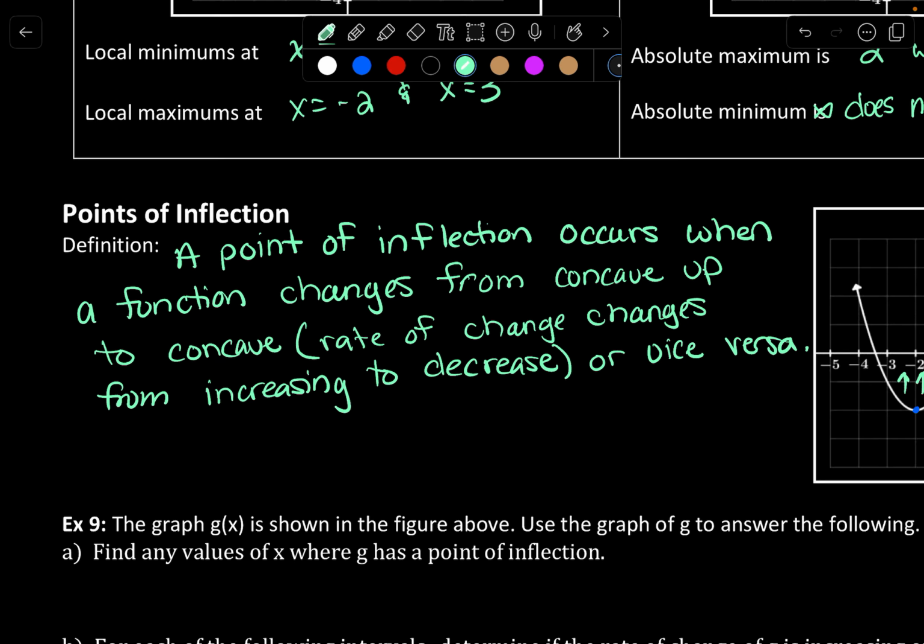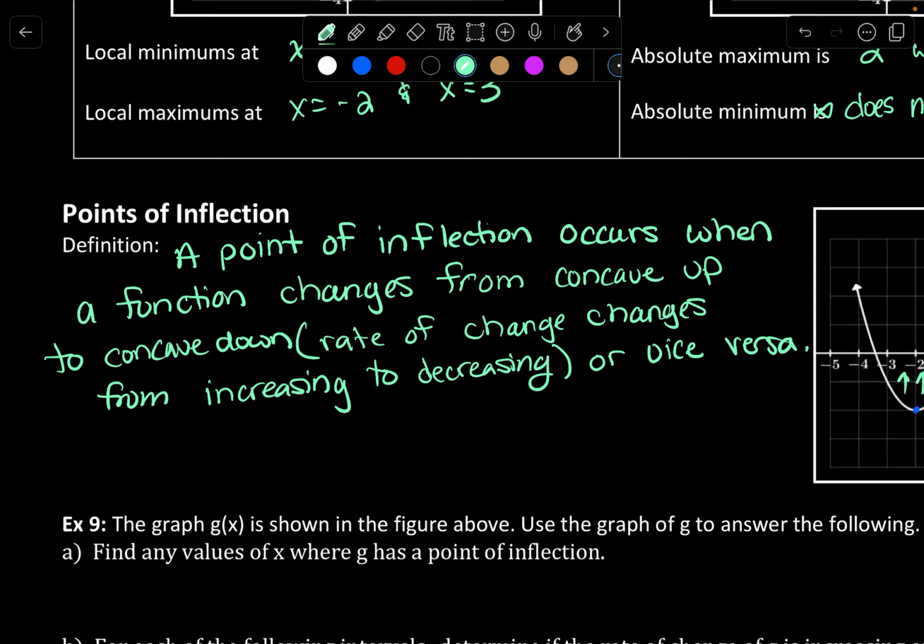So it's when a function changes from concave up to concave, that should say down, to concave down, sorry about that. Which also means the rate of change of the function is changing from increasing to decreasing, or vice versa. I am messing up all the grammar today.